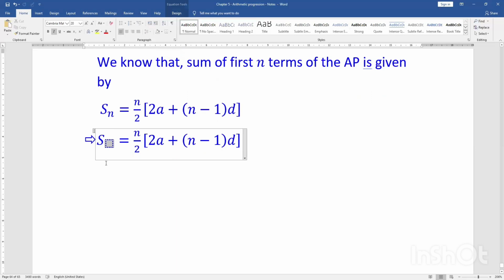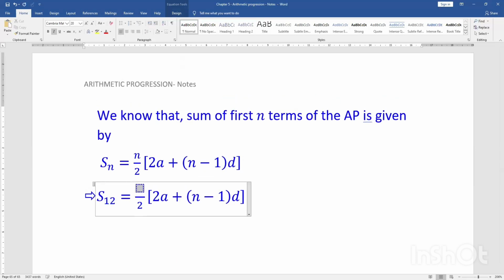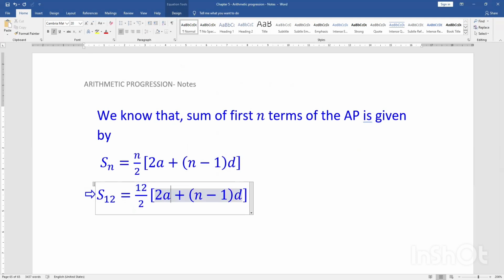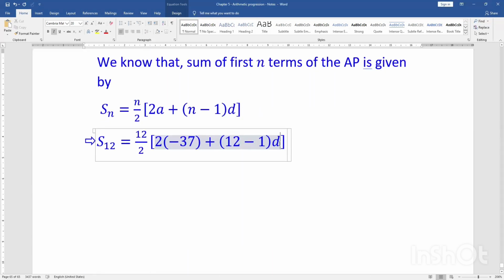That's why I'm going to put n as 12 and here also write it as 12. And what about a? The a value is given to be minus 37, and here it is 12 minus 1 into what is the value of d? The d value is given to be 4, right? So I'm going to write it as 4.